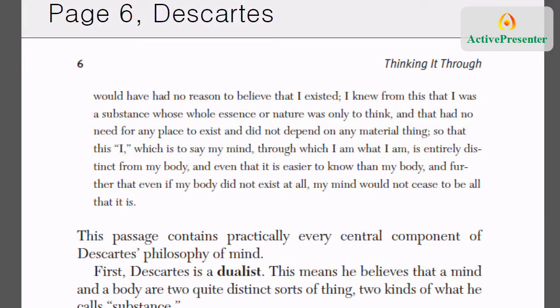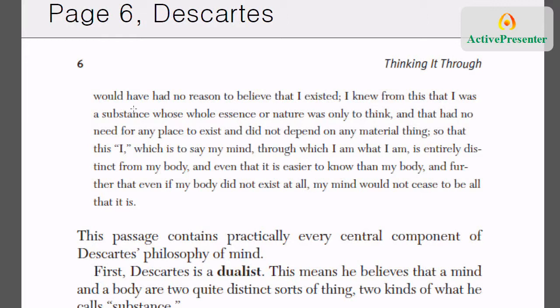Now, let's remind ourselves how we got here. We started with Descartes' theory, and so this is going back to page 6. So recall that Descartes said, I knew from this that I was a substance, that is, the mind was a substance, whose whole essence or nature was only to think, and that had no need for any place to exist, and it did not depend on any material thing.